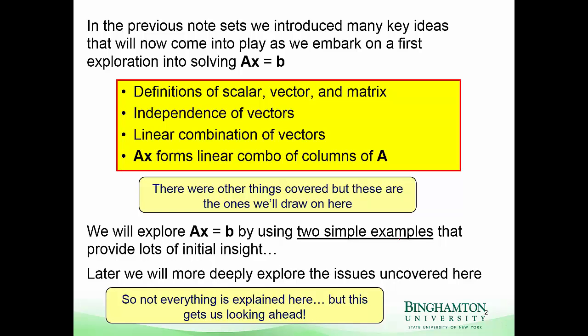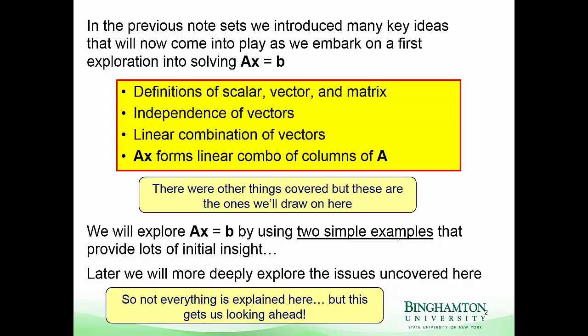What we're going to do is sneak up on the solution of AX equal to B and get some initial insight into how it works by exploring 2 simple examples. Examples are nice because they let us see the machinery at work.